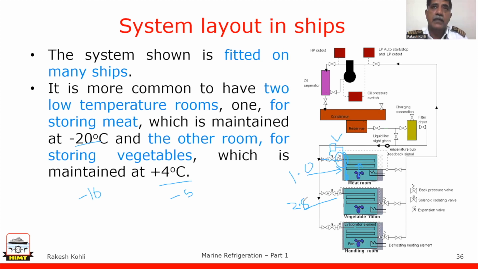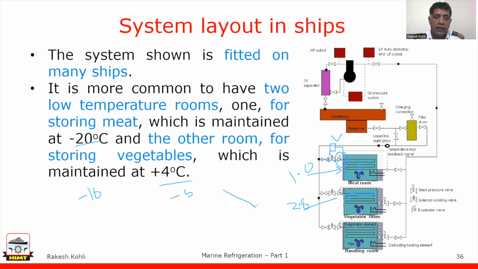In a refrigerant, from the Mollier chart or pH chart, we can see a higher pressure corresponds to higher temperature. We'll just have a look at the Mollier chart after looking at the circuits. So then it goes through the coils, and typically coil would be similar to what you have seen in your house, the split AC circuits.